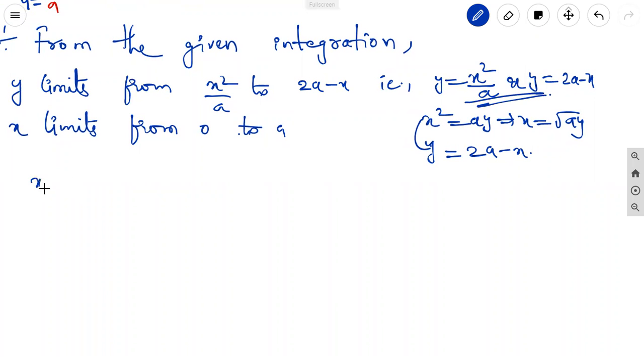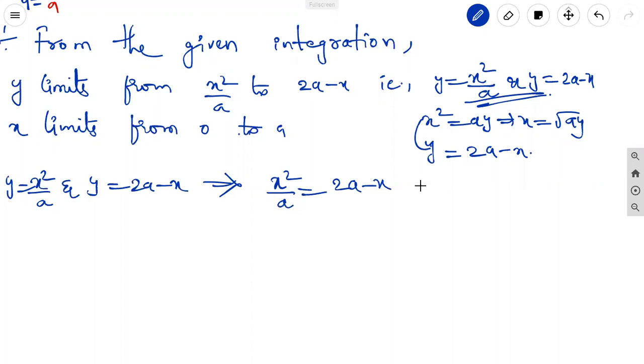First of all, equate these two: y equal to x squared by a and y equal to 2a minus x. Both are y functions. So x squared by a equal to 2a minus x, and cross multiply: x squared equal to 2a squared minus ax. Then we get the quadratic equation x squared plus ax minus 2a squared equal to 0.